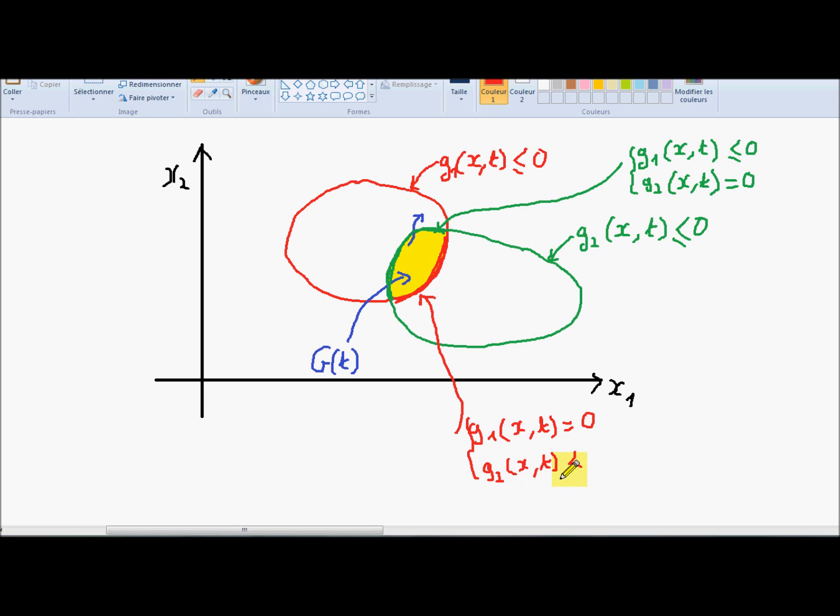Or, if you prefer, I can replace this by J, which contains J1 and J2, of x and t negative.